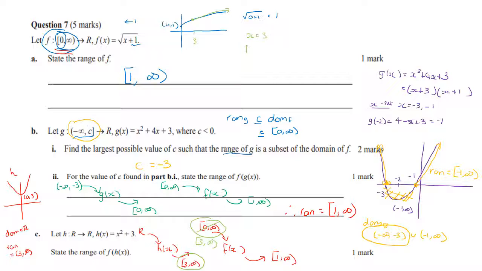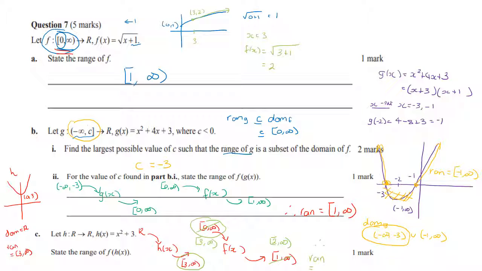If I substitute x equals 3 into my f of x function, I'm going to get square root of 3 plus 1, which is the square root of 4, which equals 2. So if I have to start this at 3, my smallest y value is 2, so it means that my range is now going to be from 2 to infinity.